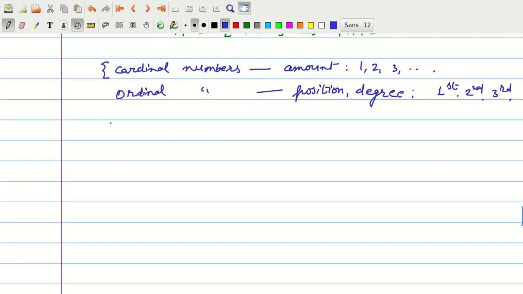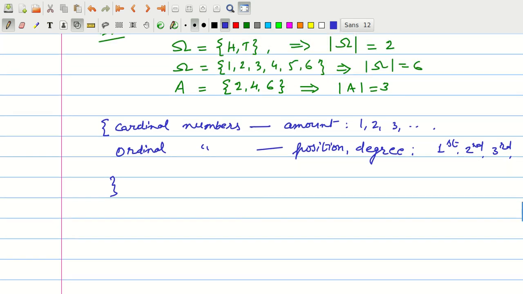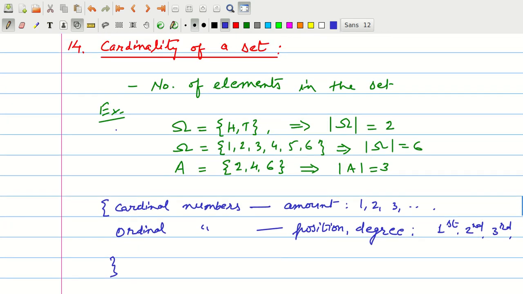So it is good to know the meaning of cardinality of a set. We will be using it at many places in subsequent modules.